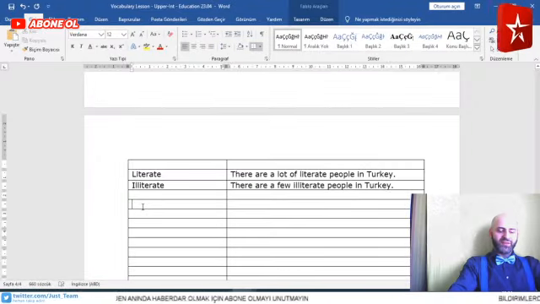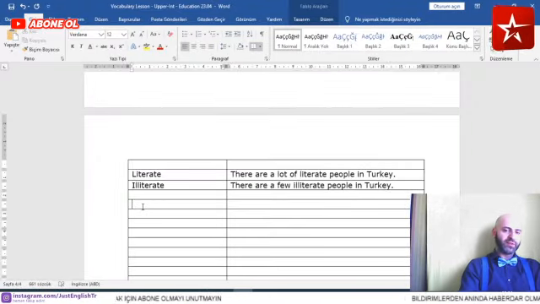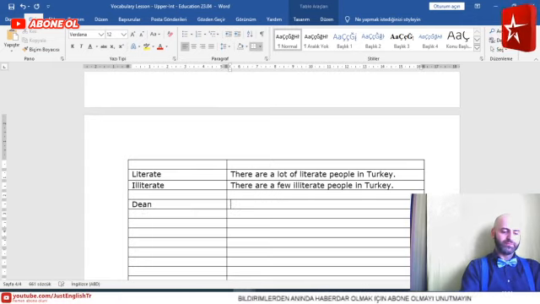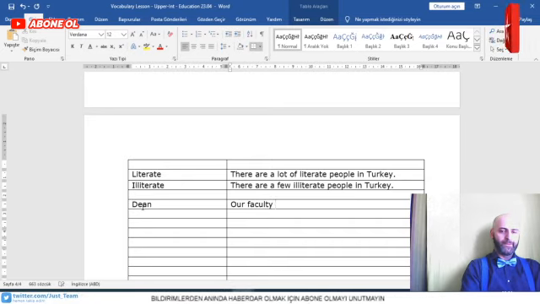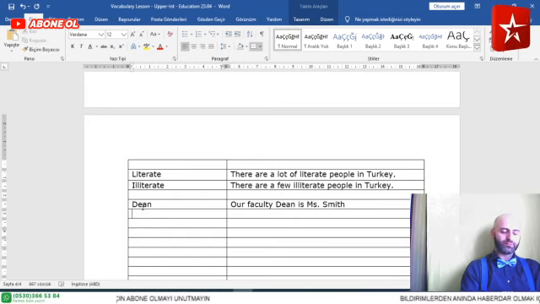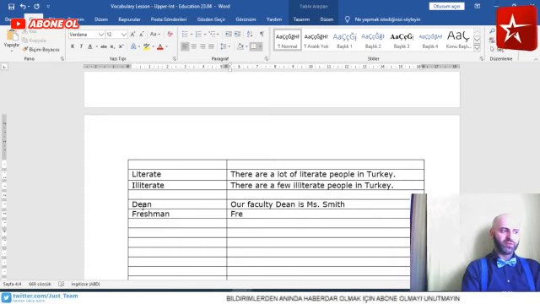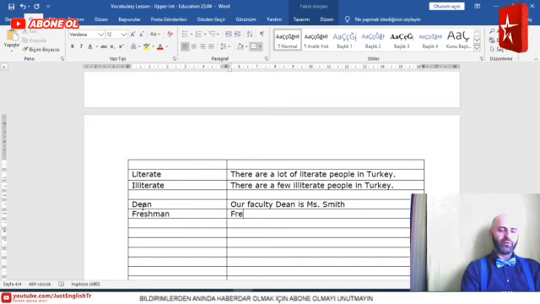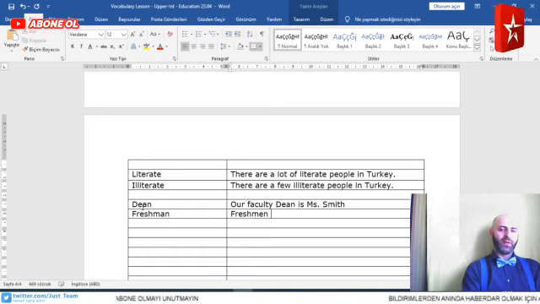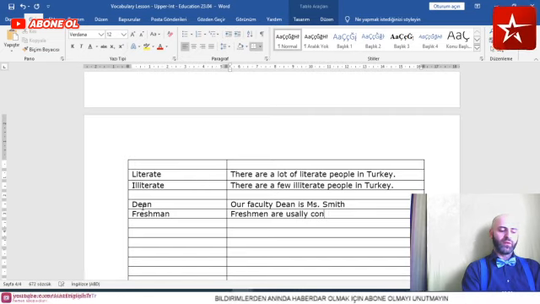So let me write the words that we have learned with you. Professor, you know, I will not write. Dean: our faculty dean is Miss Smith. Freshman. If I want to use this noun in plural form, I will use the same rule as man. So I will say freshmen with E. Freshmen are usually confused at the university.